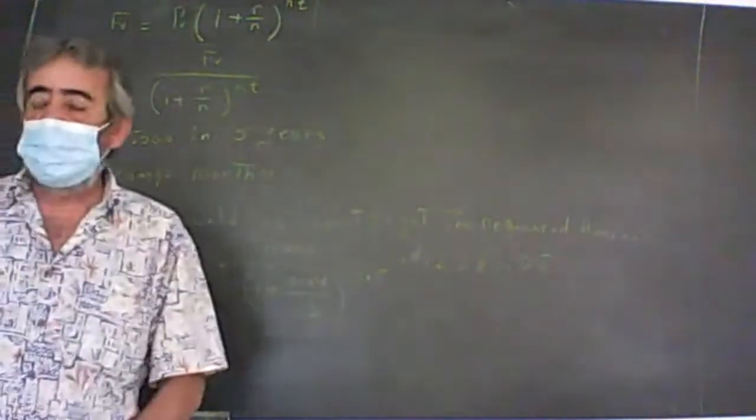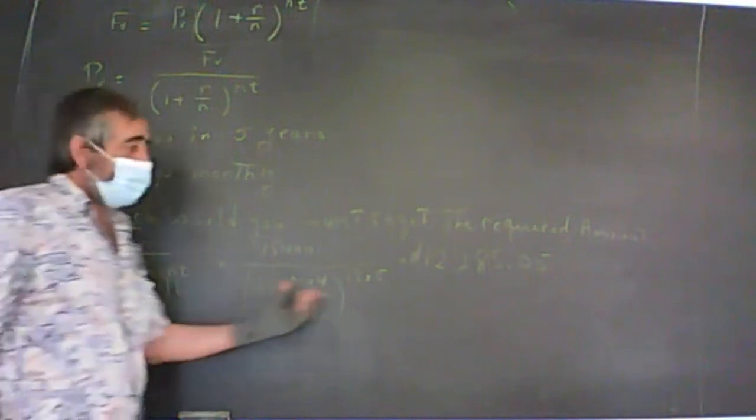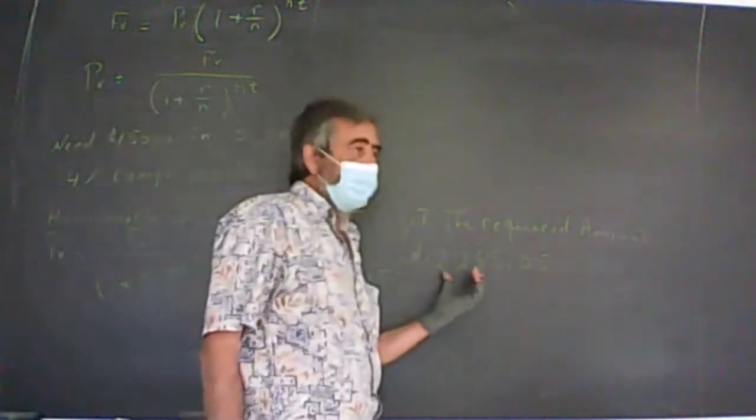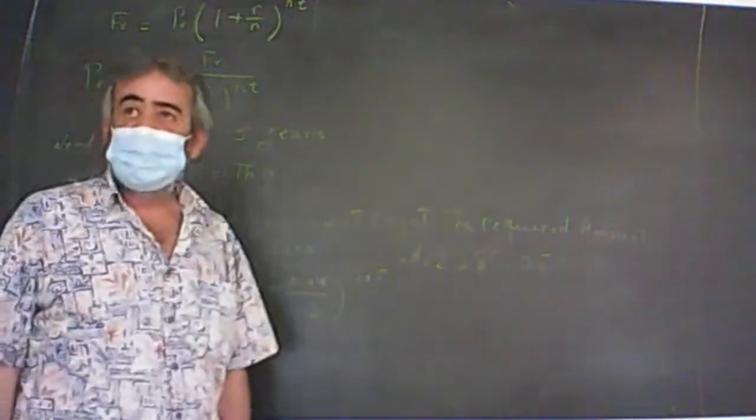So that means I can invest $12,285 today using this proposition, and in 5 years that money will have grown to exactly $15,000. So I will have whatever amount I want. Clear? Any questions?